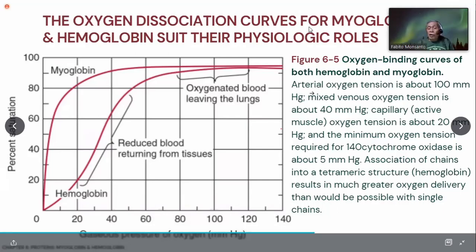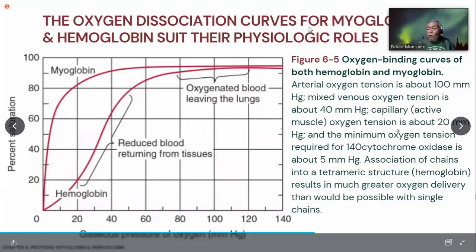So it says here, arterial oxygen tension is about 100 millimeters mercury. Mixed venous oxygen tension is about 40 millimeters mercury. This is taken from an active muscle or a muscle that is contracting, so there is so much oxygen being used, so it's only 40 millimeters mercury.